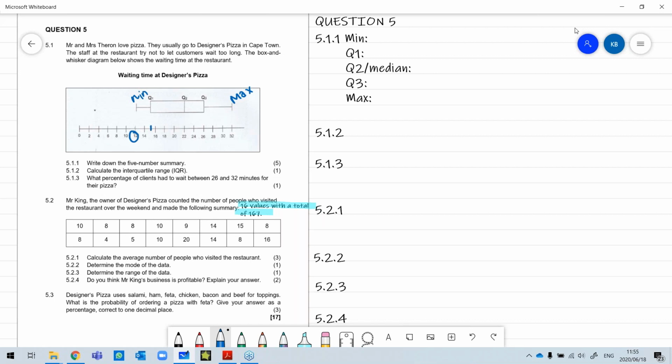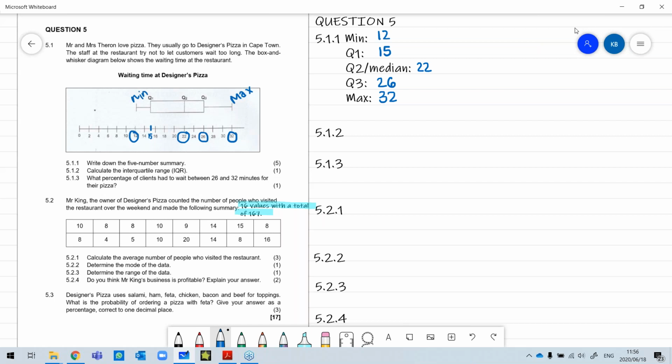In between 14 and 16, so that's 15, then 22, 26, 32. So that means to answer this question, our minimum value is 12, our first quartile is 15, our second quartile or our median is 22, our third quartile is 26, and our maximum value is 32. Easiest 5 marks ever.